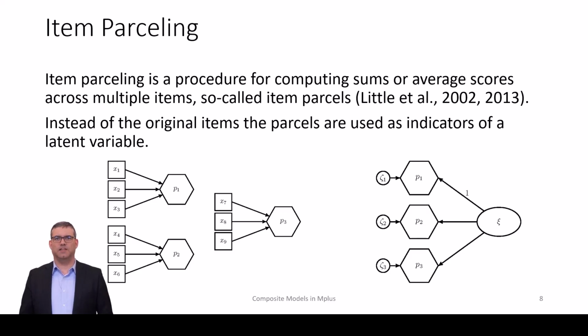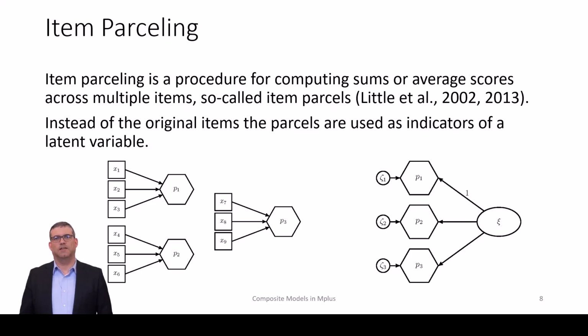Another field of application of composites is item parceling. Item parceling is an approach to cope with larger scales that consist of many observed variables, and these observed variables are originally meant to serve as indicators of a latent variable. However, in practice, it often occurs that there are convergence problems, that there are covariances between residuals that are not explainable.